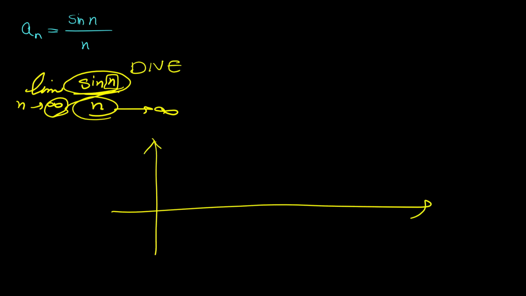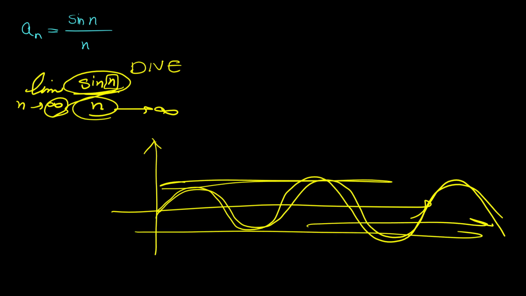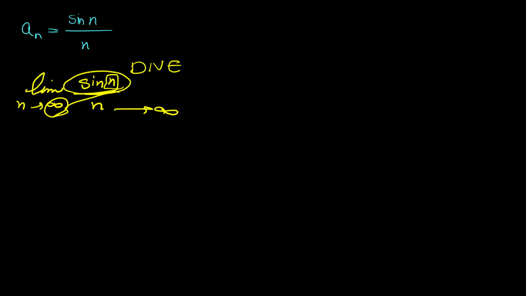Because if you remember the graph of sine, it oscillates up and down. It goes up, down. When we go toward infinity, far to the right, this graph goes up and down forever. So when n approaches infinity, because sine of infinity does not exist, we cannot find this limit.